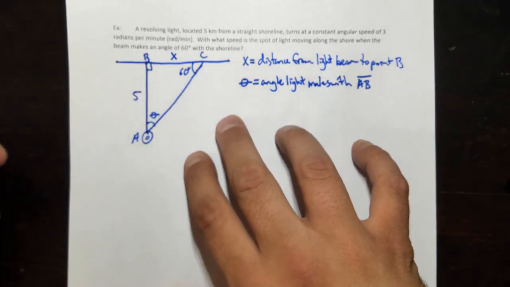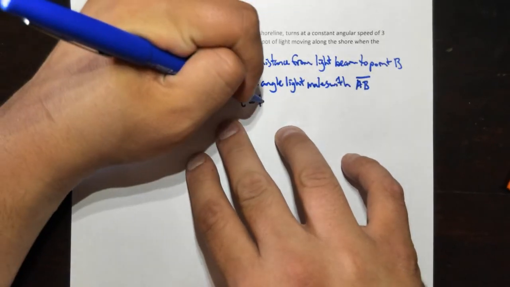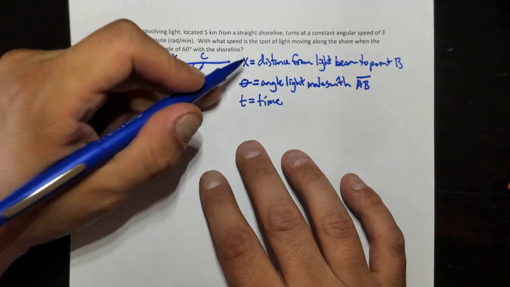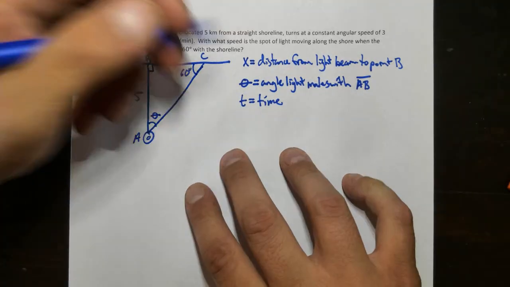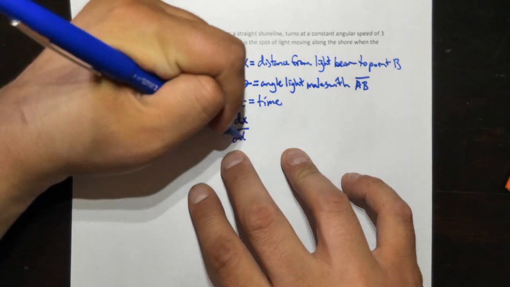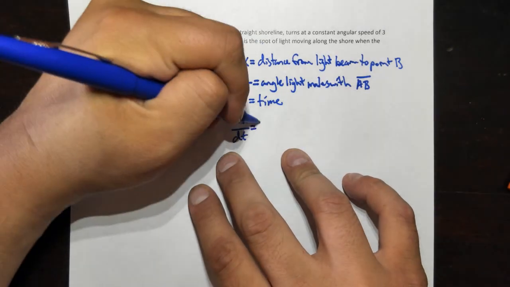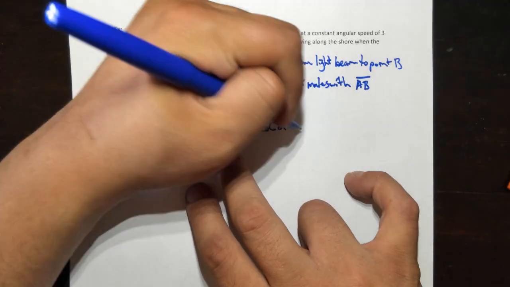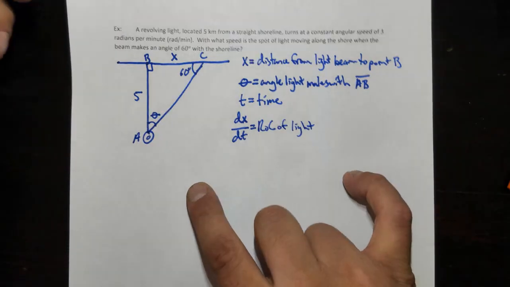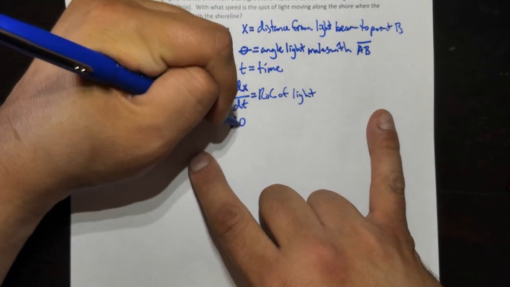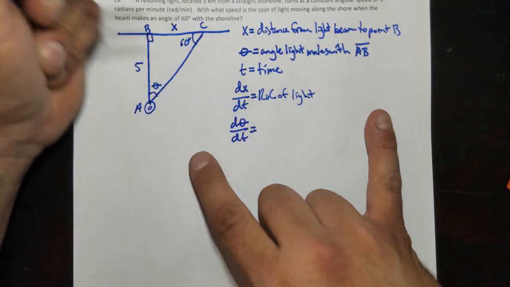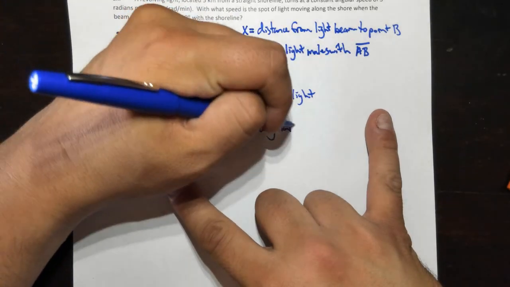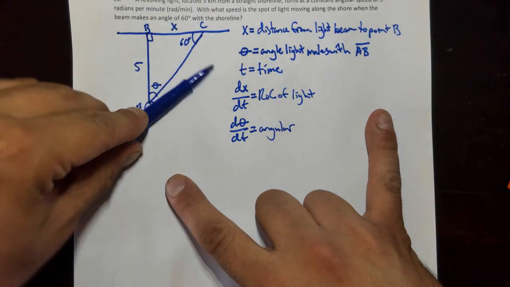Okay, and then we have time, of course. And we're going to have dx/dt and d theta/dt. dx/dt is going to be the rate of change of the light, and d theta/dt is going to be the angular speed of the light, how quickly it's actually turning.